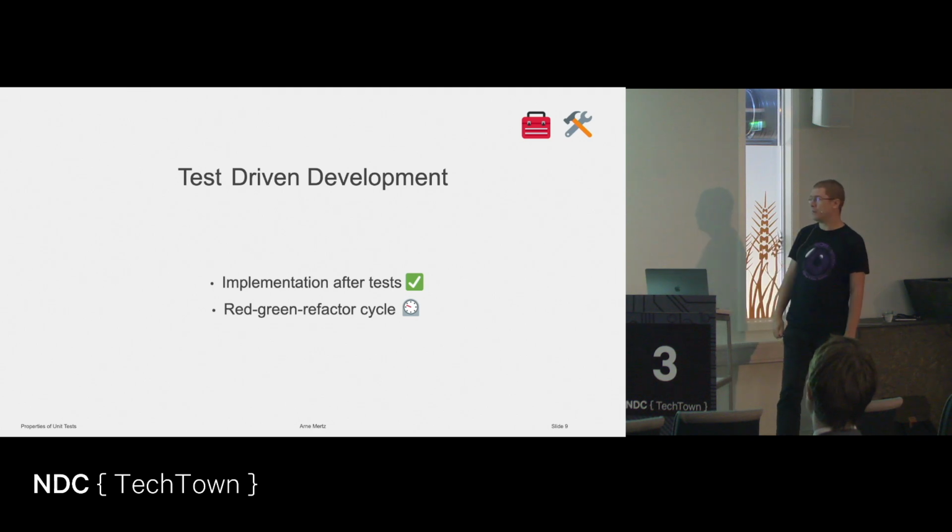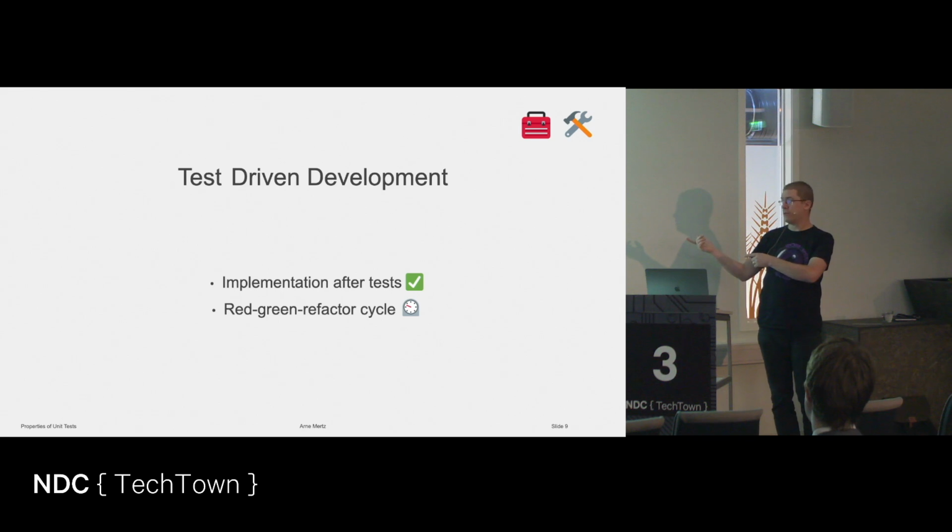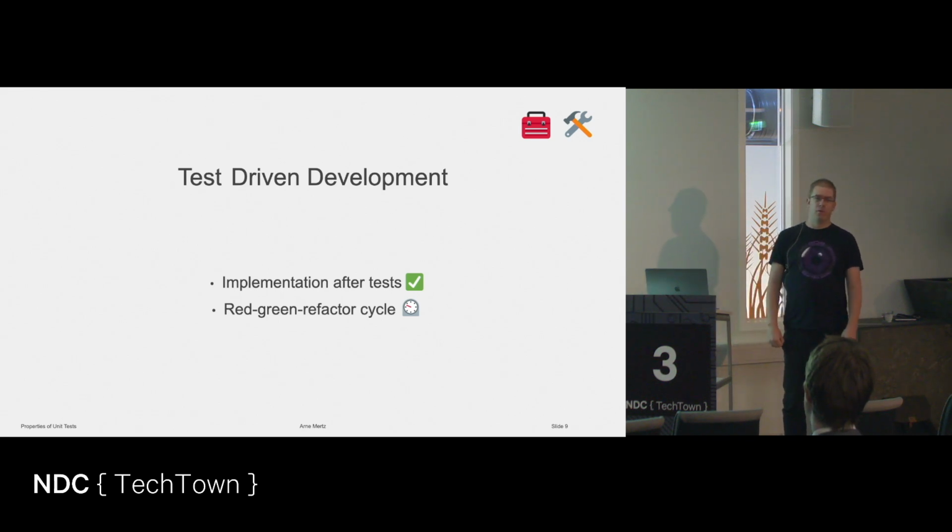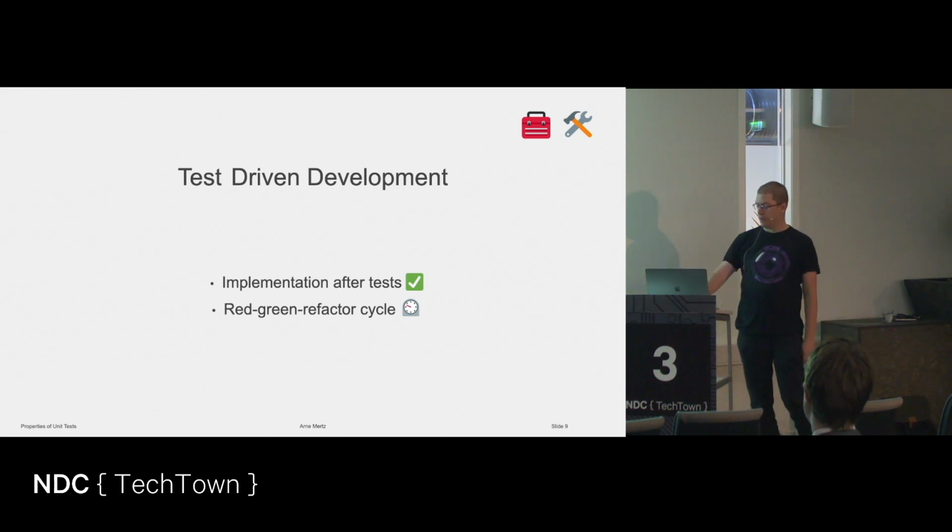There are people that say if you're really good and really quick, you can do this in 30 seconds. Maybe if you're working in a compiled language and maybe on a slow computer, compiling alone can take more than 30 seconds, but one cycle shouldn't take more than 5 or 10 minutes or so. So this has implications for our unit tests as well, for the tests we are using here.